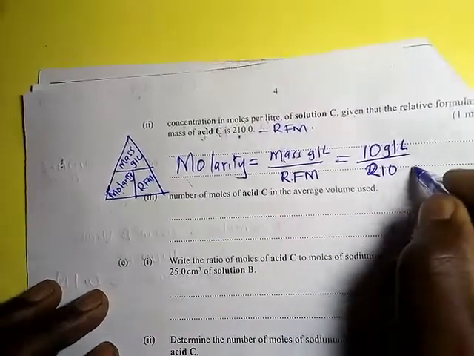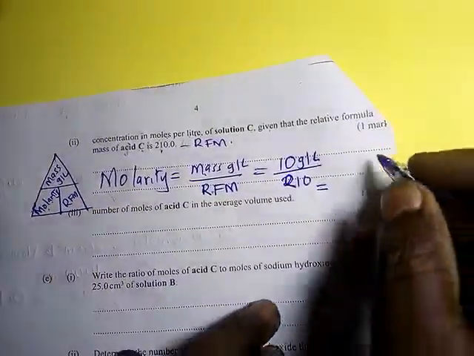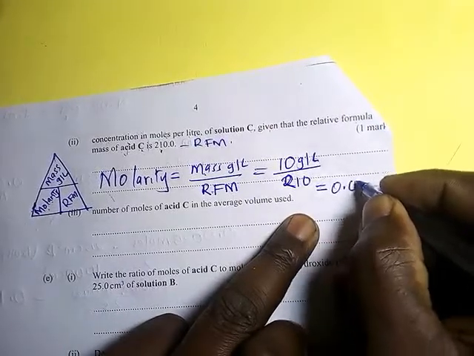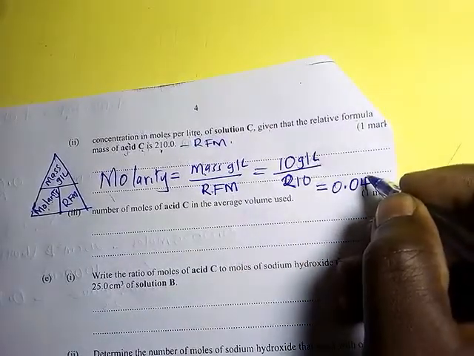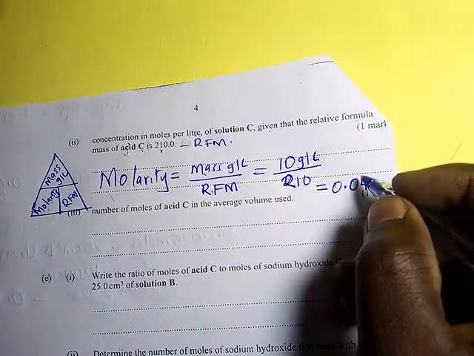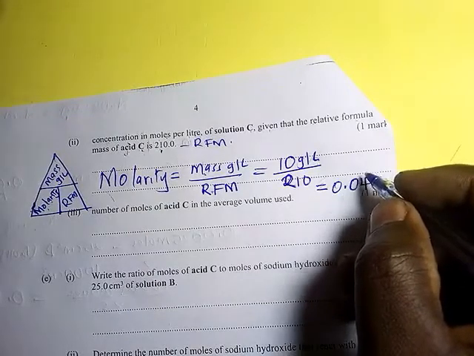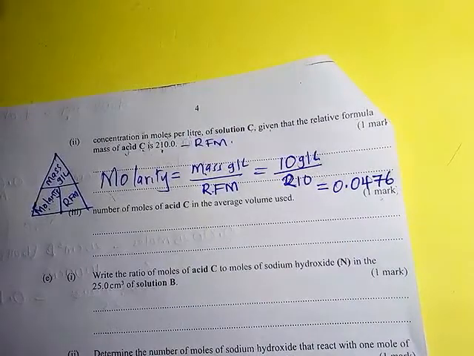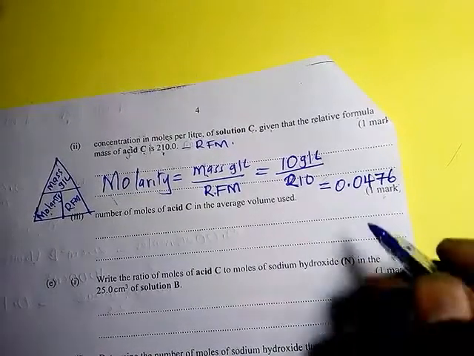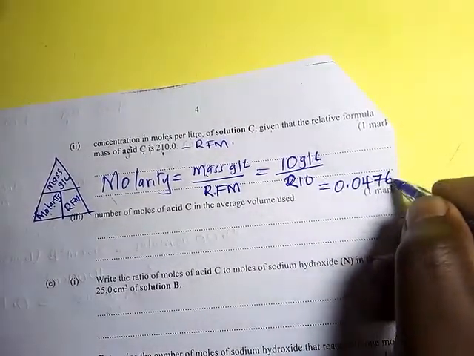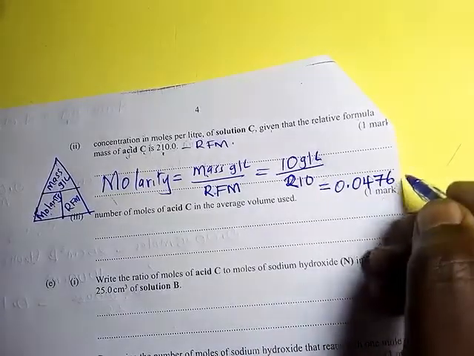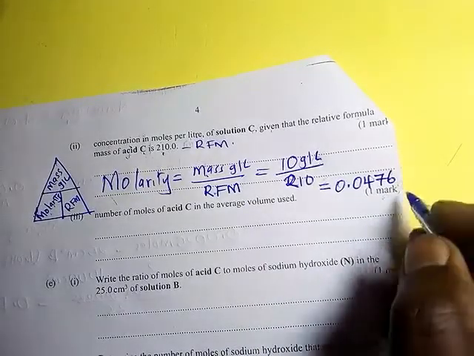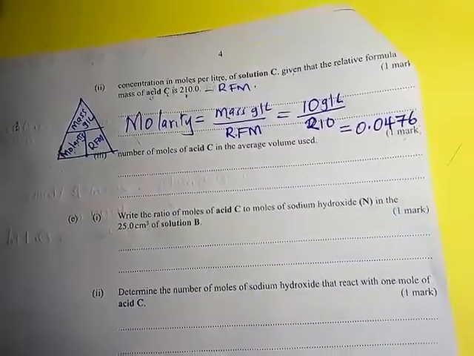Now this gives you 0.0476. This is the molarity. You can leave it like that or put capital M. Capital M stands for molarity.